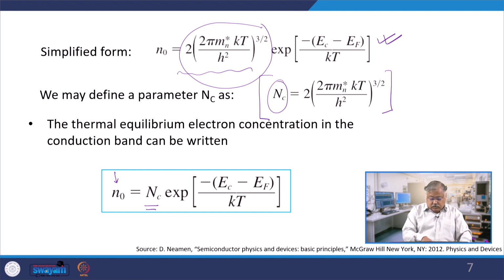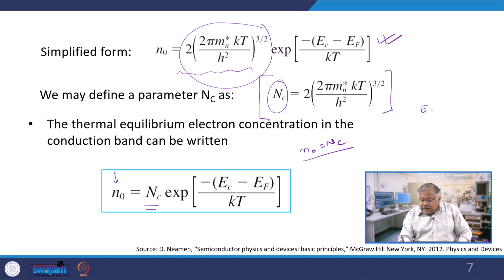So now you see, as you make EC equal to EF, then we get N0 equals NC. And you know what will happen when EC becomes much larger as compared to EF, they are very far apart. Then this quantity will go on reducing because of the negative sign here, and therefore N0 will go on reducing.